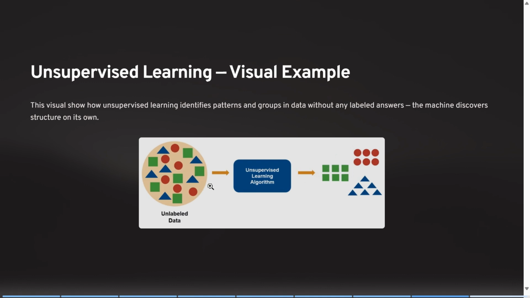So no labels are provided, and the machine discovers hidden structure inside the data and forms clusters or groups based on that. In this way we can tell that this set of data represents one pattern, and this set of data represents another pattern, and so on. So this is unsupervised learning.